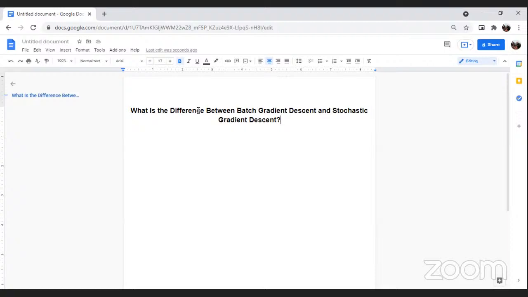What is the difference between batch gradient descent and stochastic gradient descent? And pause for a while. In the meantime, I look at the answers that the participants are posting in the chat. What is the difference between batch gradient descent and stochastic gradient descent?